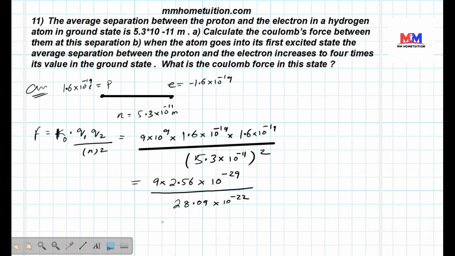So that equals how much? 9 into 2.56 is 23.04. So 23.04 divided by 28.09 is approximately 0.8 into 10 to the power minus 29 plus 22, that is minus 7.